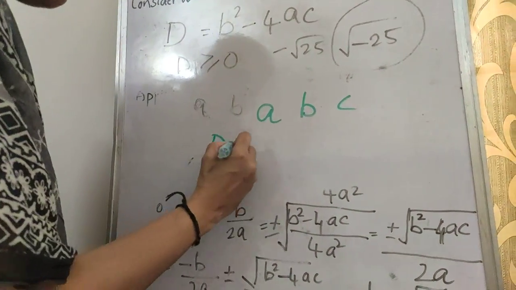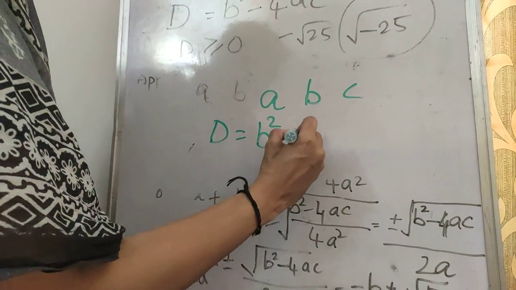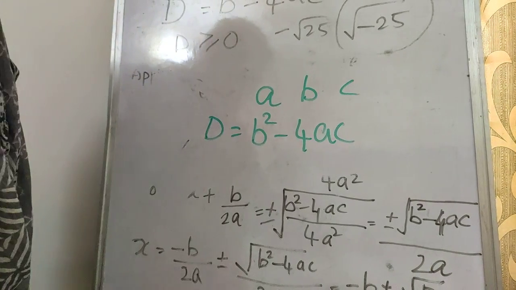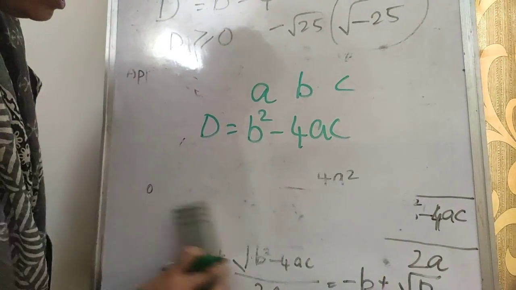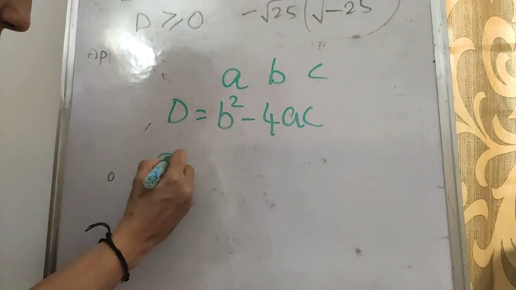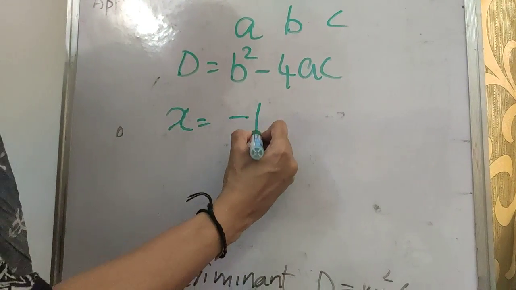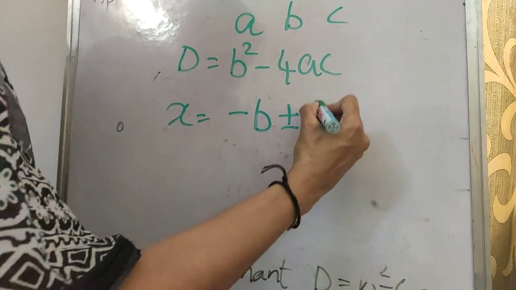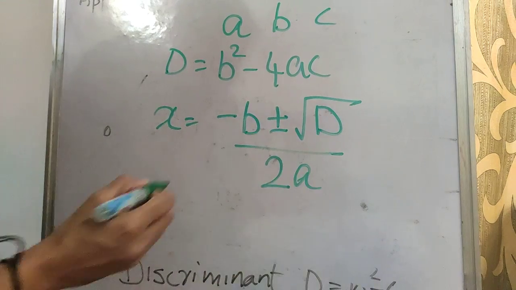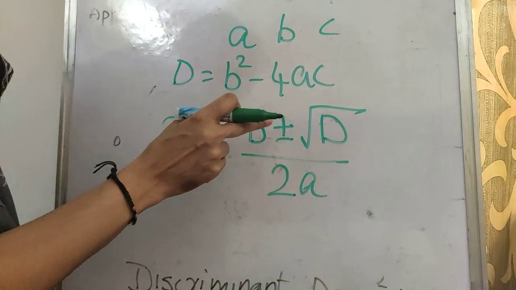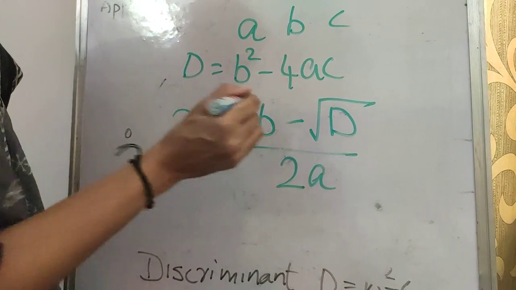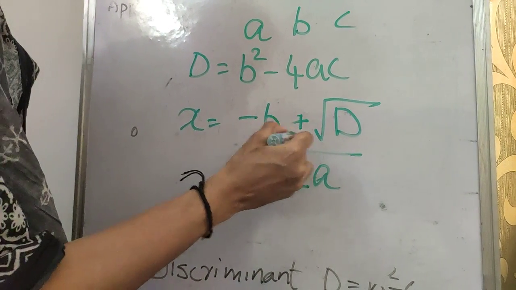Then find the discriminant, which is b square minus 4ac, by substituting values of a, b and c. Then finally you will write x is equal to minus b plus or minus root d by 2a. So how will you get two answers? For one you should write plus root d, for the other one you should write minus root d. That's how you get two roots.